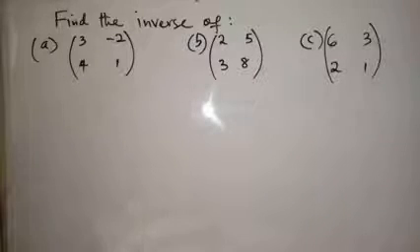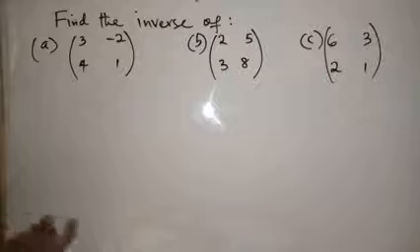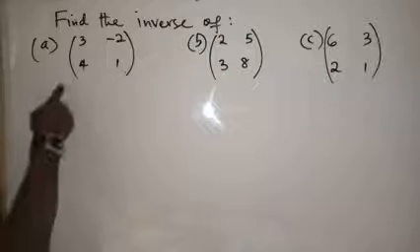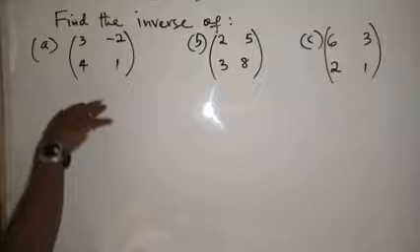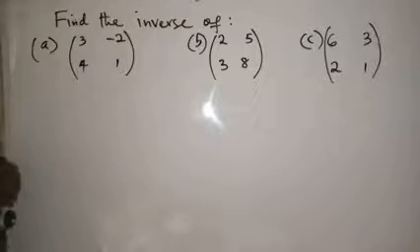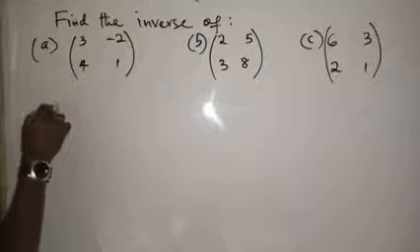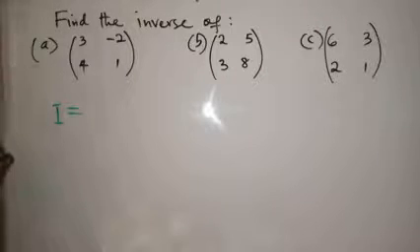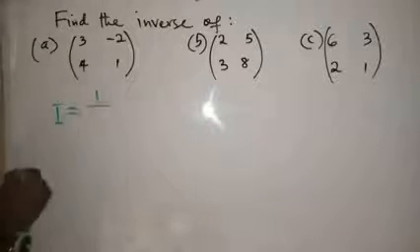For us to find the inverse of this, we're going to do two things. Number one, we want to get the determinant that we just did in the previous example. When we get the determinant, then you put 1 over the determinant. So the inverse of this, let me use I for the inverse, will be 1 over the determinant.